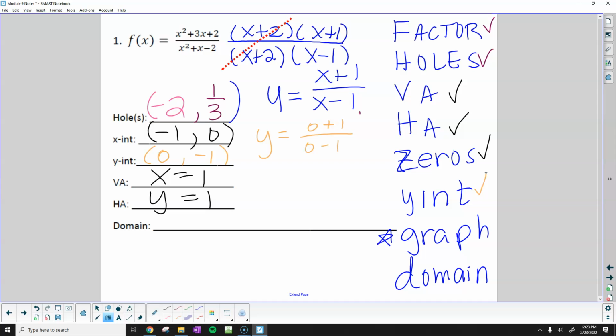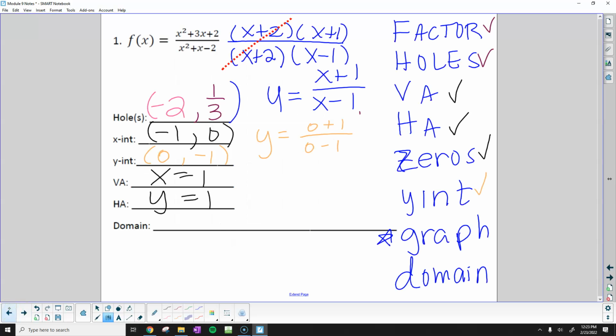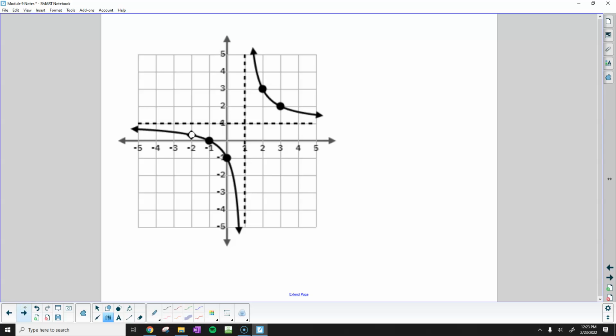Okay, the domain. For the domain, initially, let's just look at the graph, y'all. So if you look on the other side of your page, you have this graph. And I'm going to write the domain in different colors, then I'll go back and explain it. So the domain, which is what you're going to put on this last line, I'm just going to show on this screen.